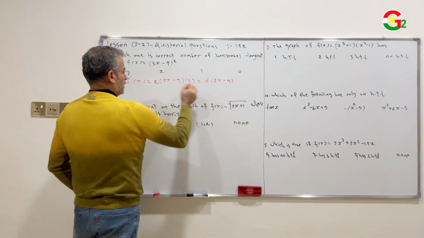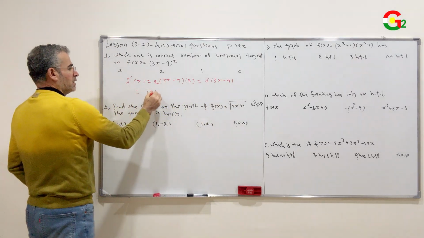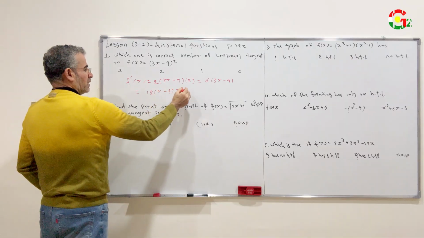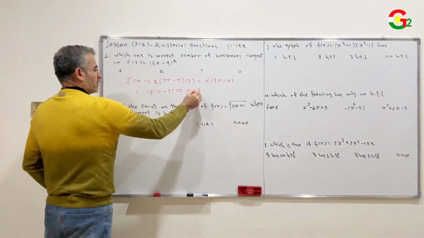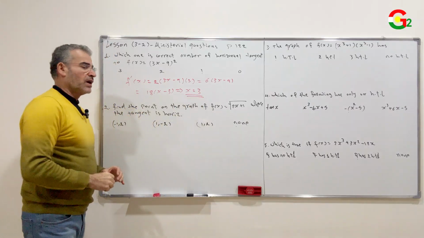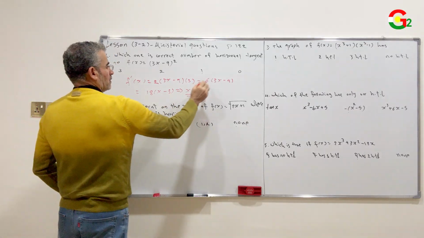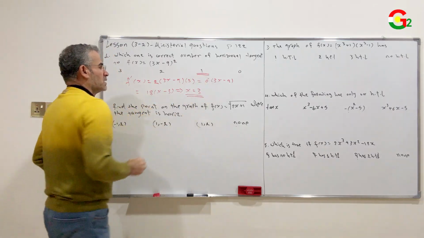Factorized by 3, equals 18x minus 54. Therefore, x equals 3 is the only value that makes the derivative 0. Therefore, the right choice is C.